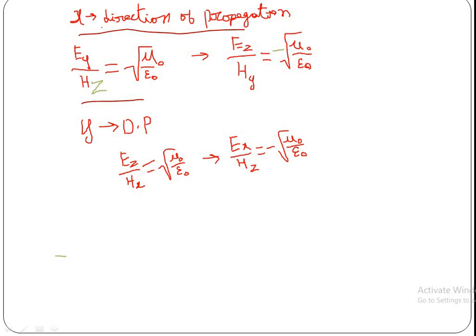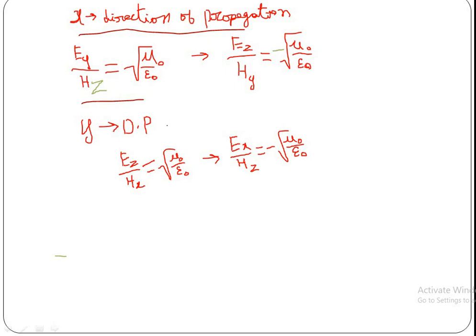If direction of propagation of wave is x, then y, z. If the directions are proper, then there is no minus. If directions are reversed, direction of propagation x, but we are getting z and y, then we are getting minus.